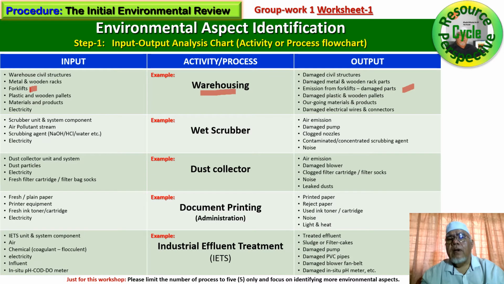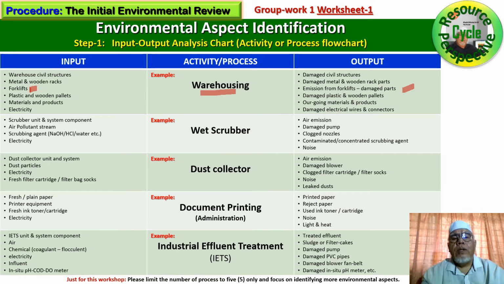Emission from forklift, perhaps diesel forklift, and damaged parts of the forklifts. Damaged plastic and wooden pallets are outgoing materials and product. Typo error. Damaged electrical wires and connectors, and many others. These are the common consumable parts that have been discussed when they do input-output analysis for warehousing.